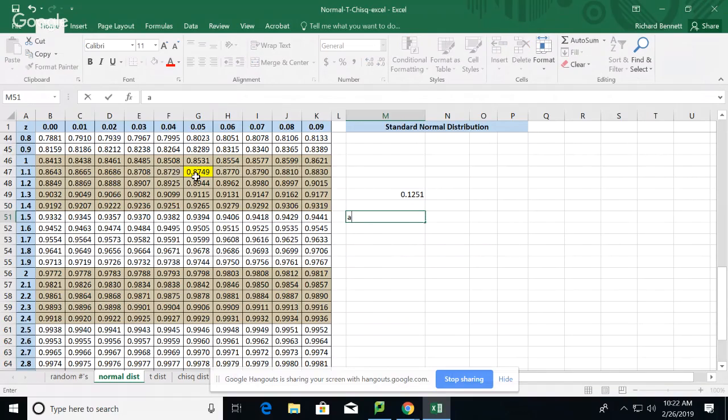So z equals 3.0 minus 2.4 divided by 0.7 over the square root of 50. So I'm going to take this number divided by that number, which is 1.1467.